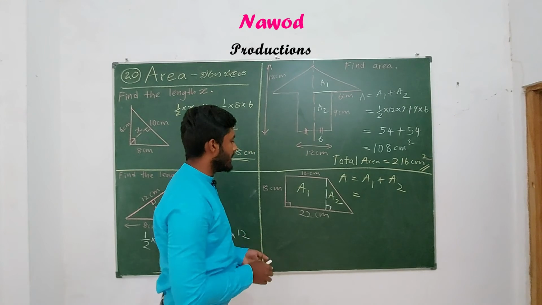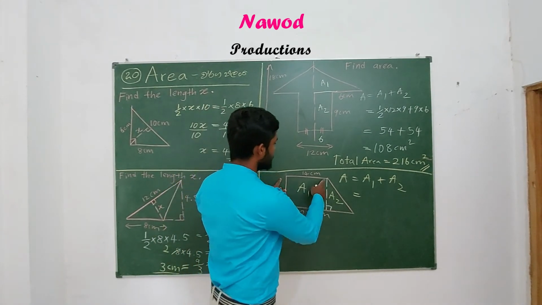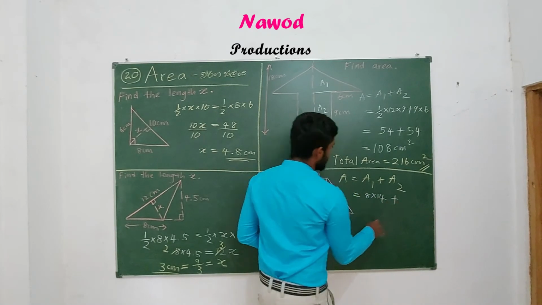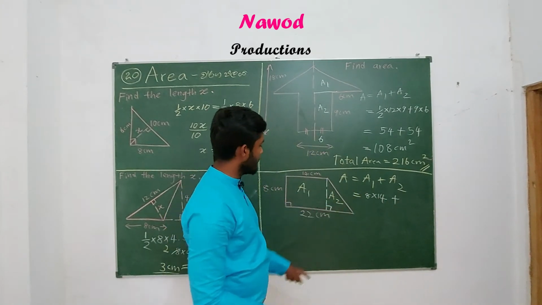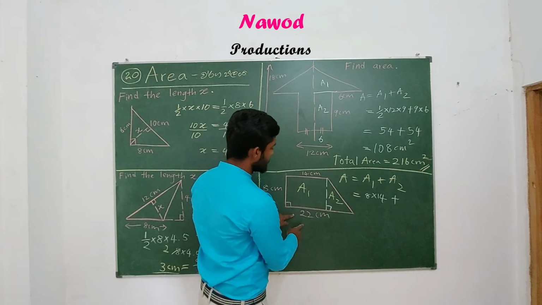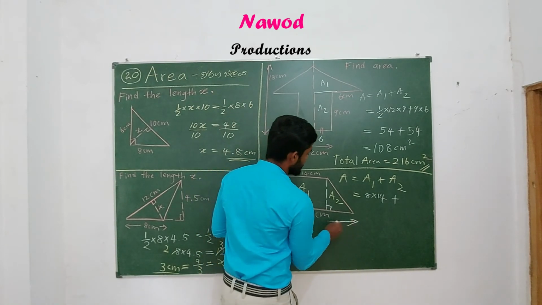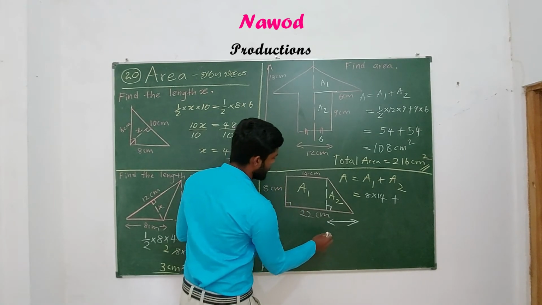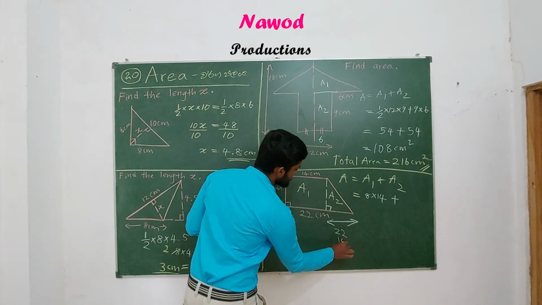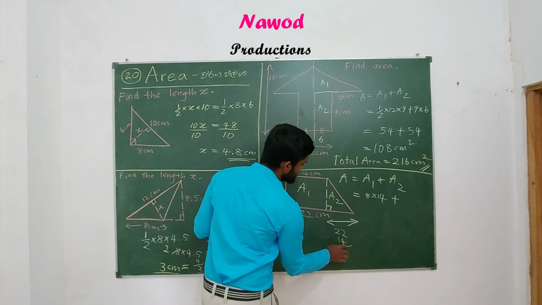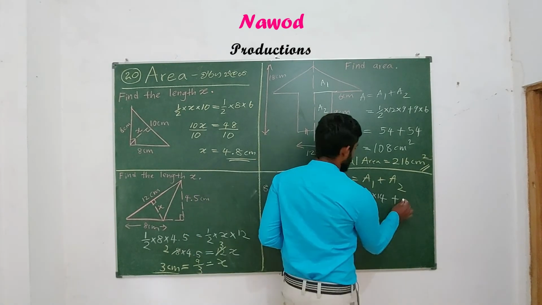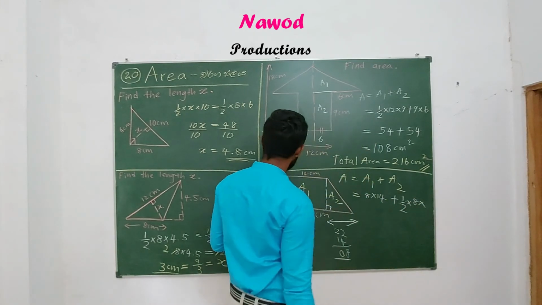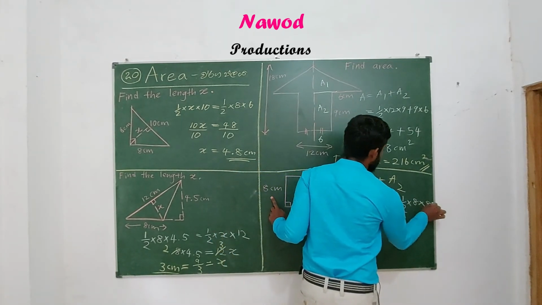A1 can be got by 8 into 14 plus A2. 22 minus 14, you can get the value for here, 8. Half into 8 into 8.